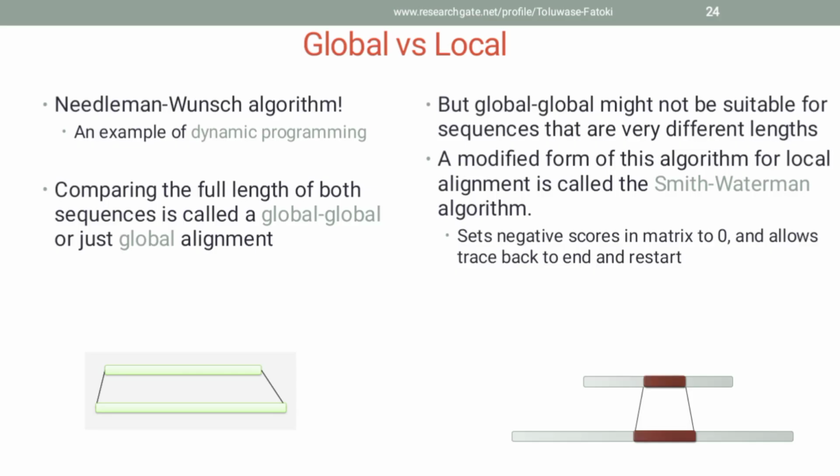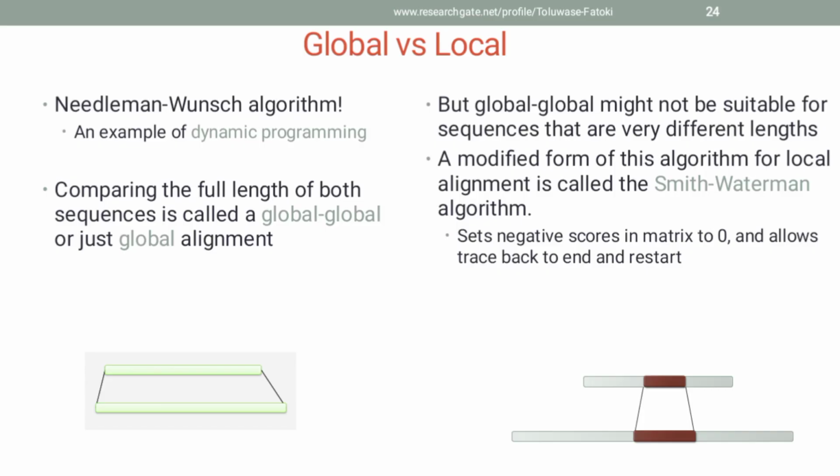As I have said, Needleman-Wunsch was developed for global alignment. It compares length against length. Protein A from position 1 to the end is compared with protein B from the first to the end of the sequence.